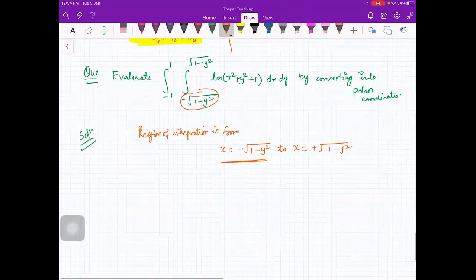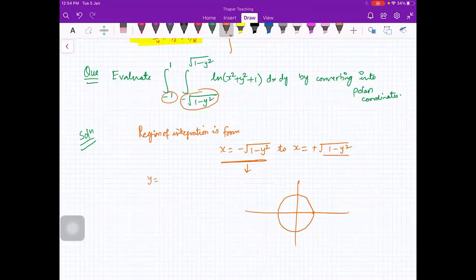So what is this? This is a circle, right? And y is from minus 1 to plus 1. So we are talking about this whole circle. So this is your region of integration, which is x square plus y square equal to 1. Is this clear?